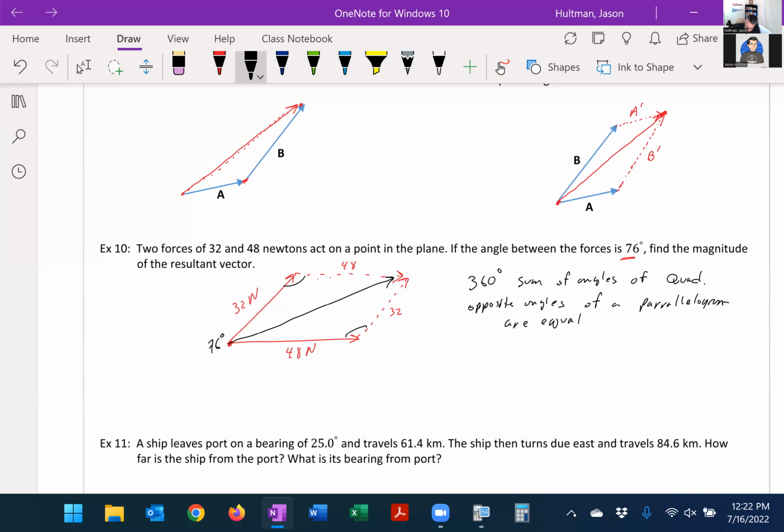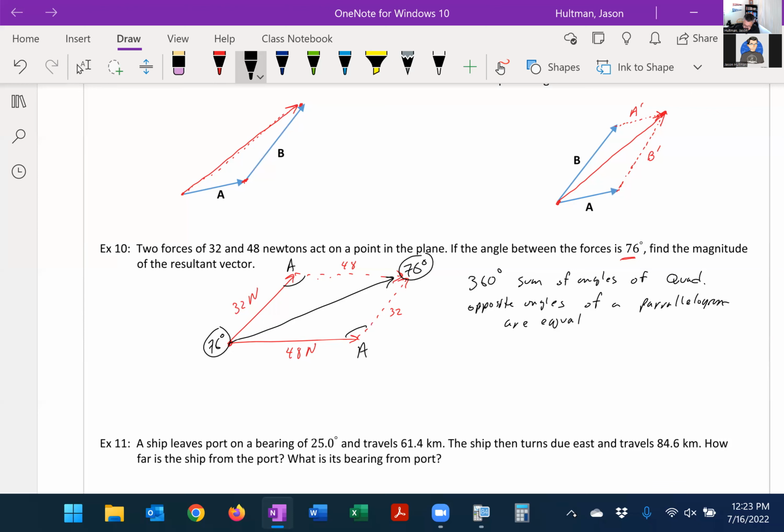So if this is a 76-degree angle over here, I know that this is a 76-degree angle over here. If we call this angle A, and we'll call this angle C, if I know that angle A is something, then I know angle C is the same thing. So we could even label that angle A because they're the same angle. We could call it whatever you want.